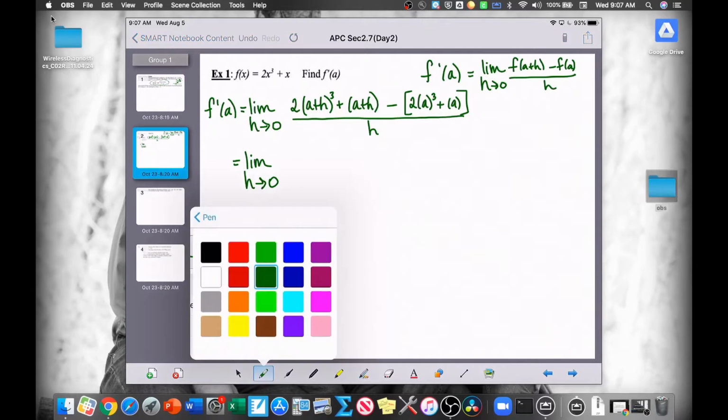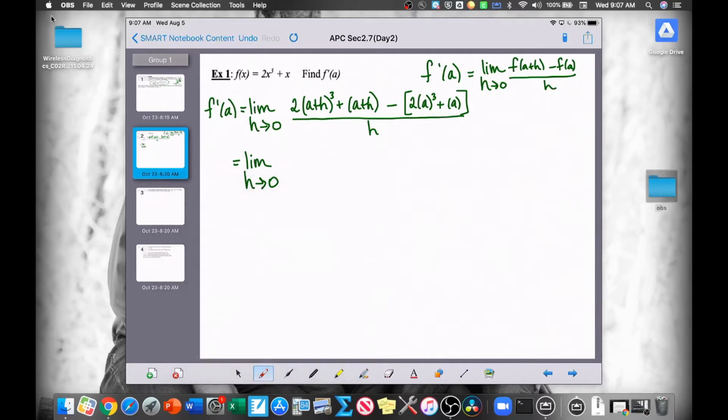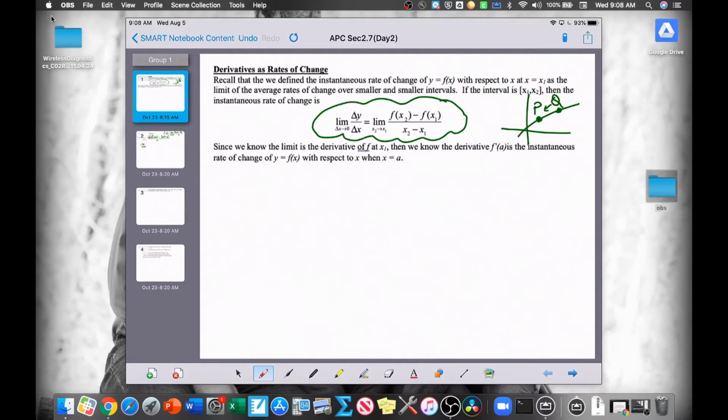Okay, remember back to Algebra 2 when we did a plus h quantity cubed? It's probably been a while. If you go back to the beginning of your notes, somewhere at the top, maybe above the title, you may want to put a little note for yourself because this is going to come up a lot in the next few days. And it's nice to just know what it is and not have to multiply a plus h times a plus h times a plus h.